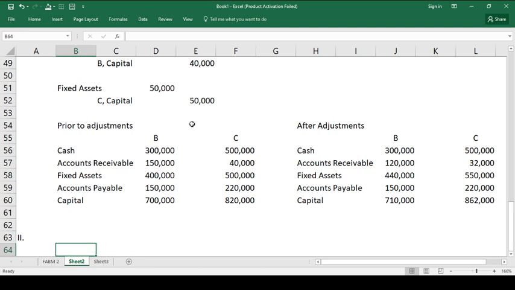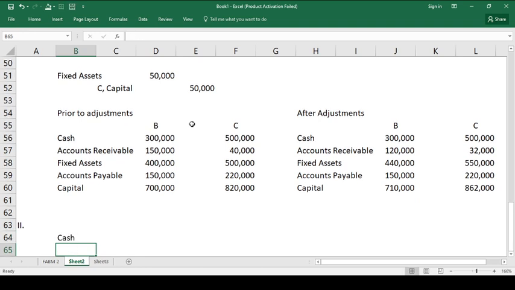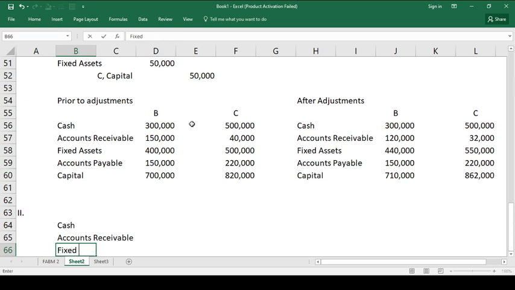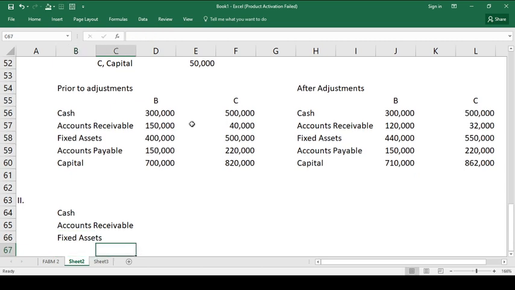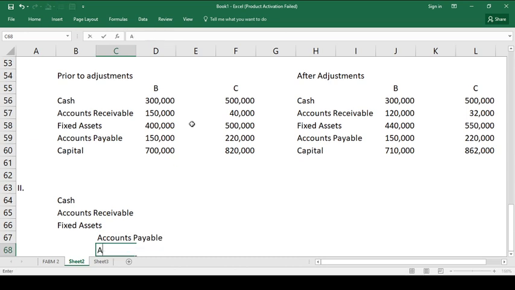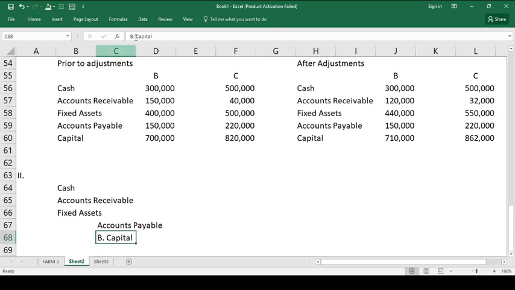So the second requirement is to prepare the opening balances. Ito ang gagawin natin: debit cash, we credit accounts receivable, we debit fixed assets, and then we credit accounts payable. And obviously, because this is a partnership, we debit B capital and C capital. Dalawa po yung partners natin, kaya dalawa yung capital accounts.